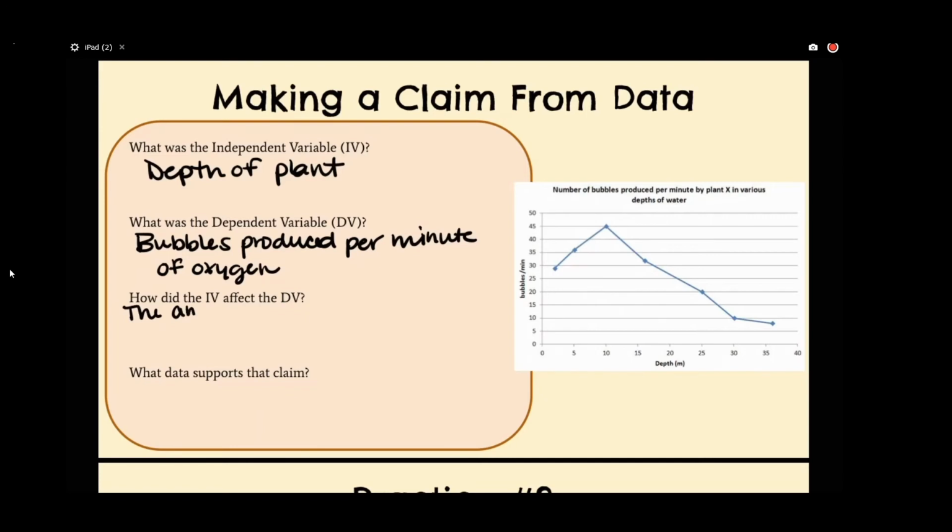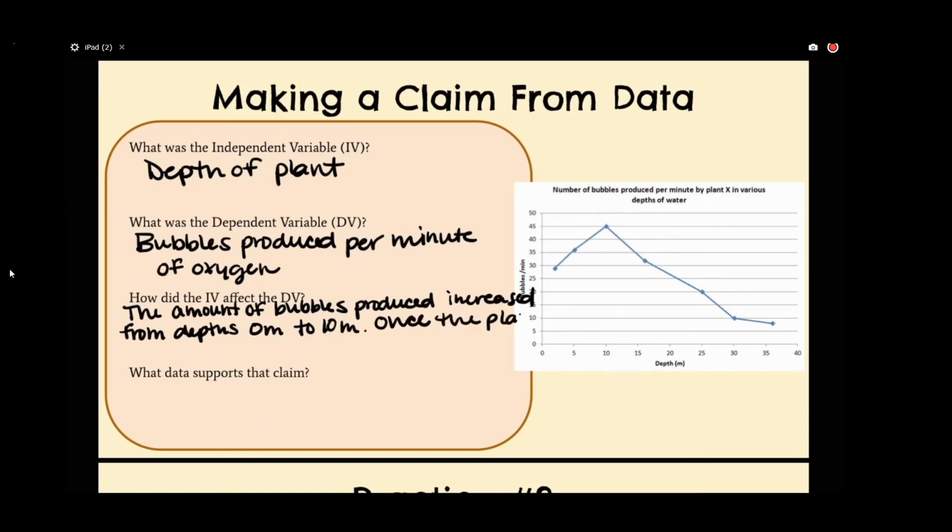So the amount of bubbles produced increased from depths 0 meters to 10 meters. Once the plant went deeper than 10 meters, the amount of bubbles decreased.